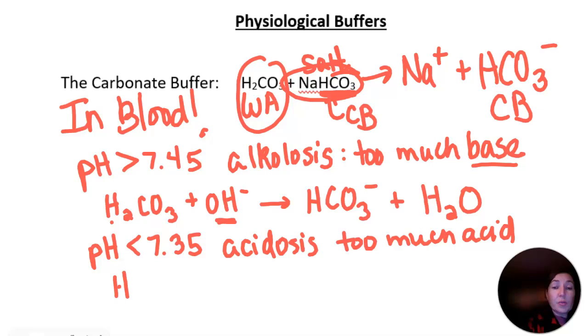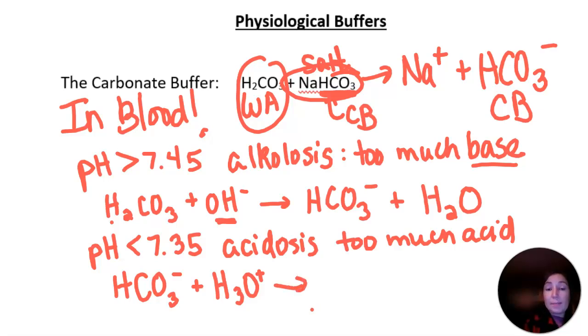Well, here's where the conjugate base comes in. The NaHCO3 supplies lots of HCO3 minus. It can react with excess acid, or H3O plus, extra hydronium ions, and really take on one of those extra hydrogens.